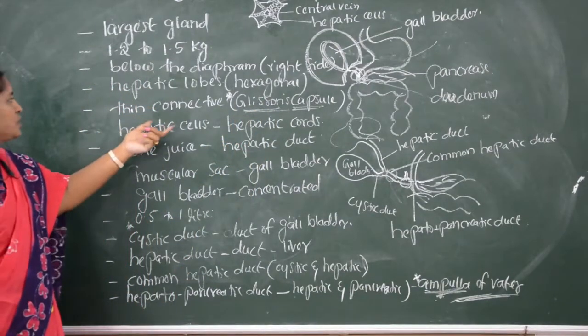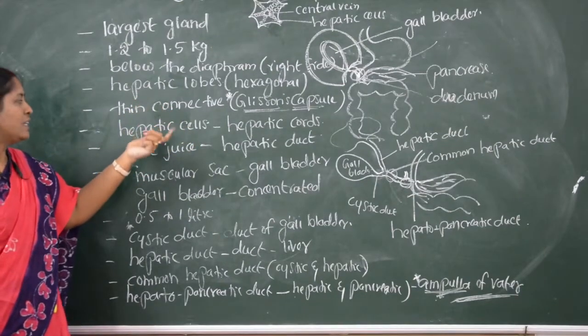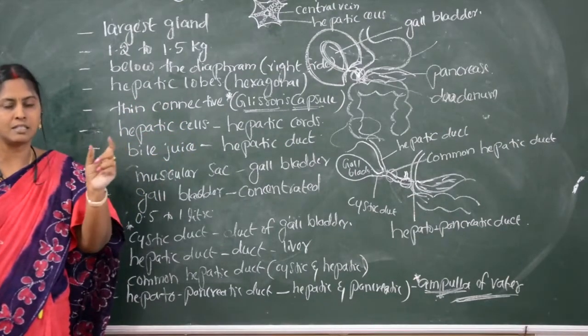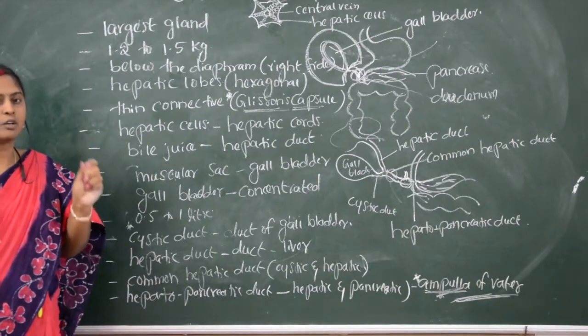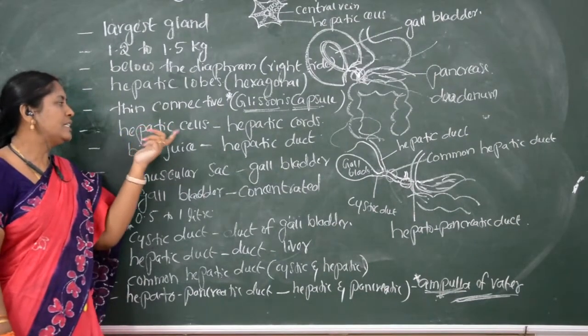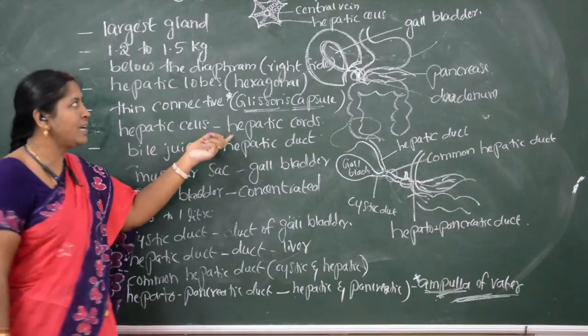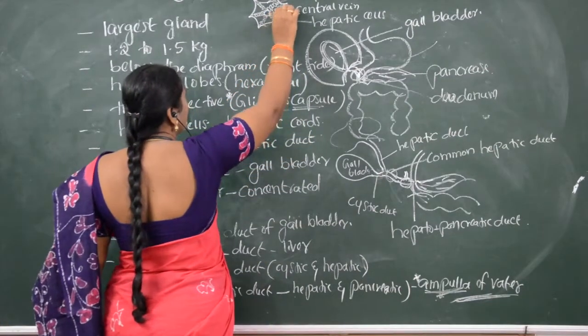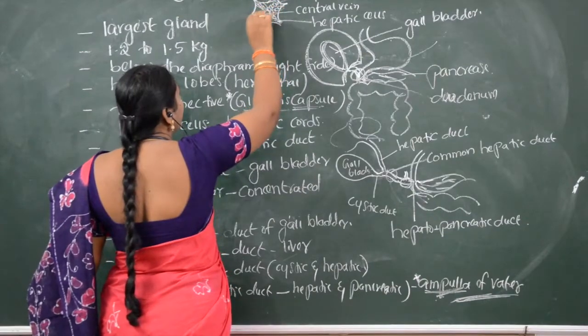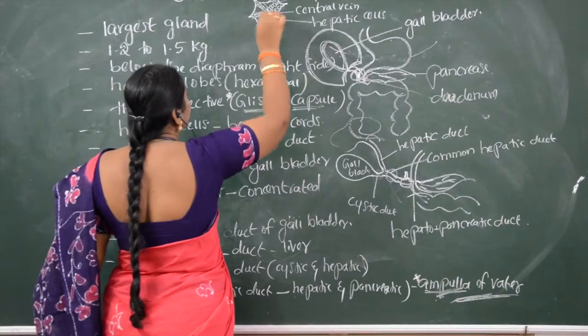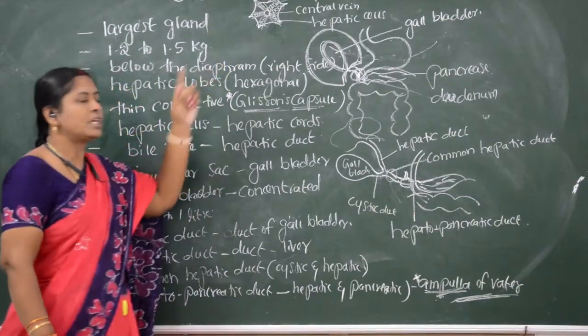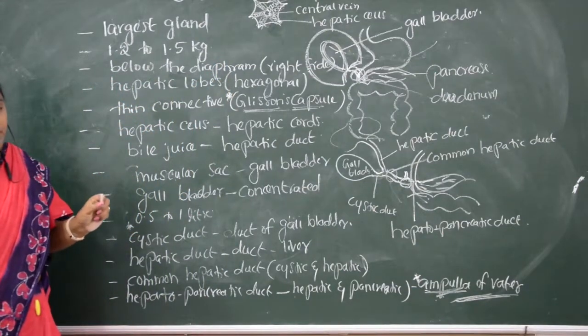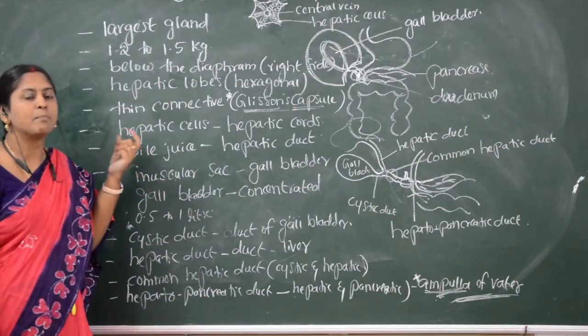Each hepatic lobe consists of hepatic cells. The cells of liver are called hepatic cells. These hepatic cells are arranged in hepatic cords. Hepatic cells produce or secrete bile juice.